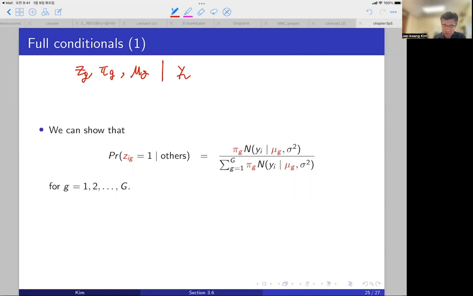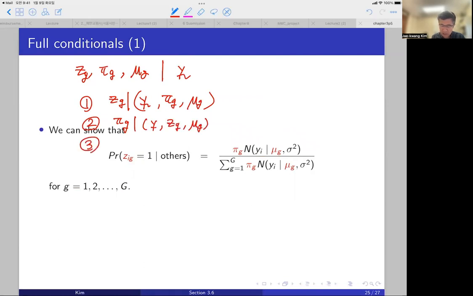So what we want to do is generate z given y, pi g, and mu g first. That is the first one. The second is pi g given the full conditional: y, z, and mu g. And third, mu g given y, z, and pi g. That constitutes the Gibbs sampling.